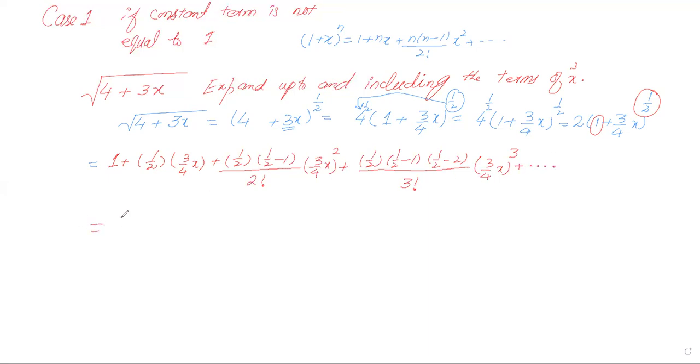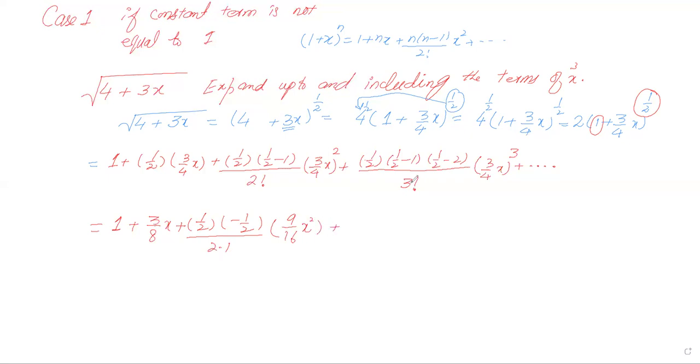What will you do over here? 1 as it is, plus, when you multiply the fractions 1 by 2 by 3 by 4 with the help of the calculator, numerator by numerator and denominator by denominator, I will get 3 by 8x, plus 1 by 2 as it is, minus 1 by 2, divided by 2 into 1. All the terms you have to calculate with the help of the calculator. So over here you will get 9 over 16 x square.